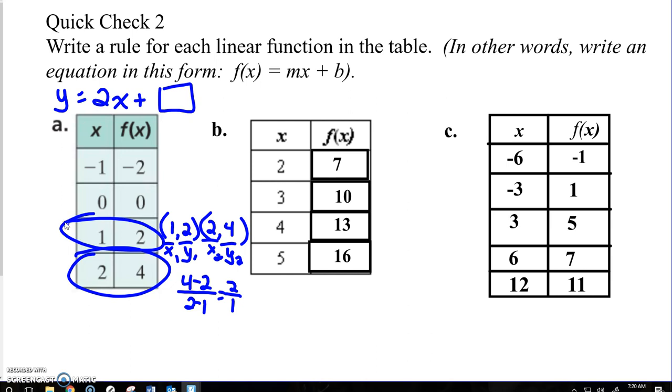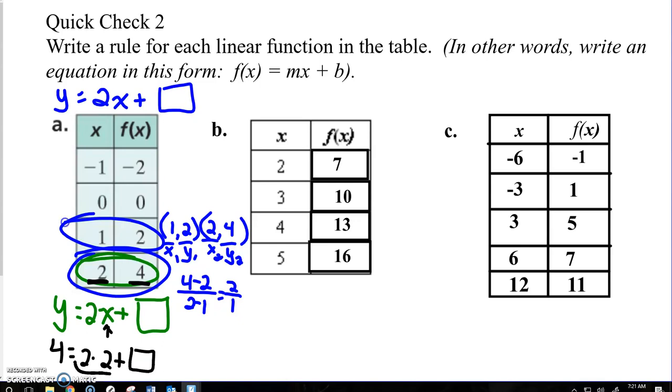So let's see, this time I'm going to pick this point to substitute. And it's okay to pick a point that you've already used. I've got y equals 2x plus blank. This number right here is an x number, so this changes into a 2. This is a y number, this changes into a 4.